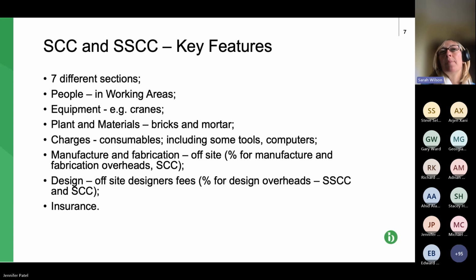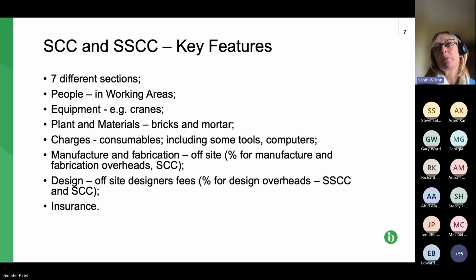Number 2 is equipment. So that's the cranes, the equipment that is used to assist in carrying out the construction work. Number 3, plant and materials. So that's the sort of bricks and mortar, what is going to form whatever is being constructed.